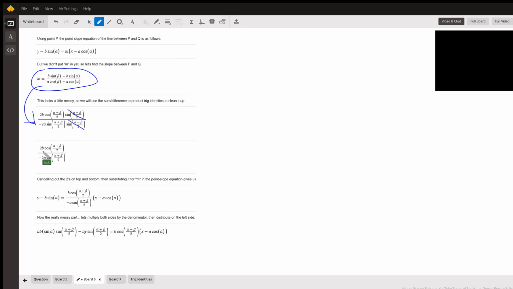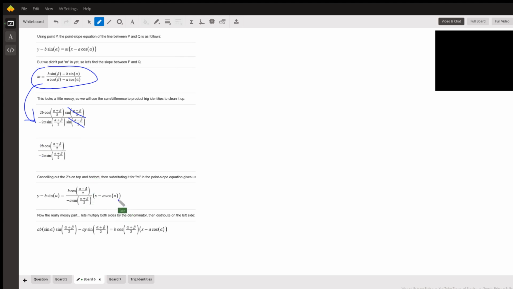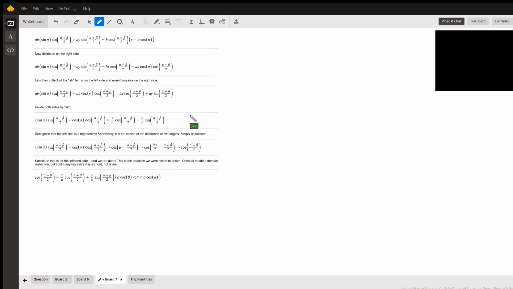We can also cancel out the 2's here and here. And now we can plug that slope back into our point slope formula. But we're not done yet because we're going to need to multiply the denominator to both sides and then distribute to get this as the left-hand side. And then we're also going to distribute on the right-hand side this b cosine alpha plus beta over 2 to both the x and the a cosine alpha. And when we've done that, we'll have this.